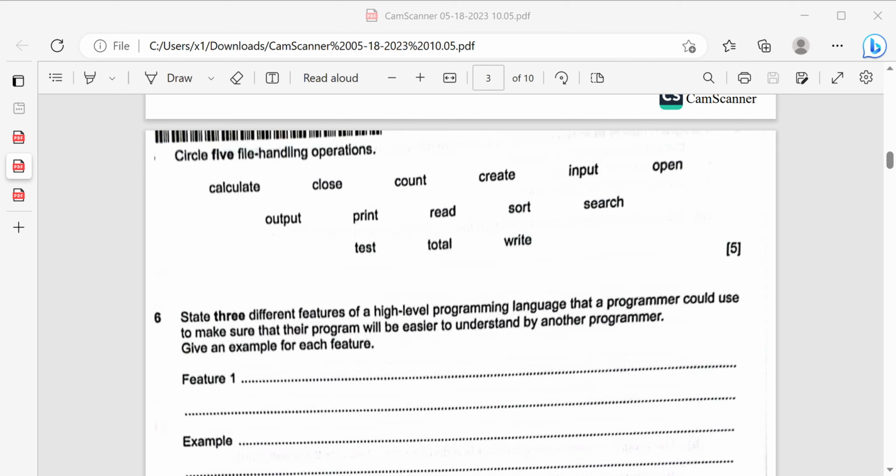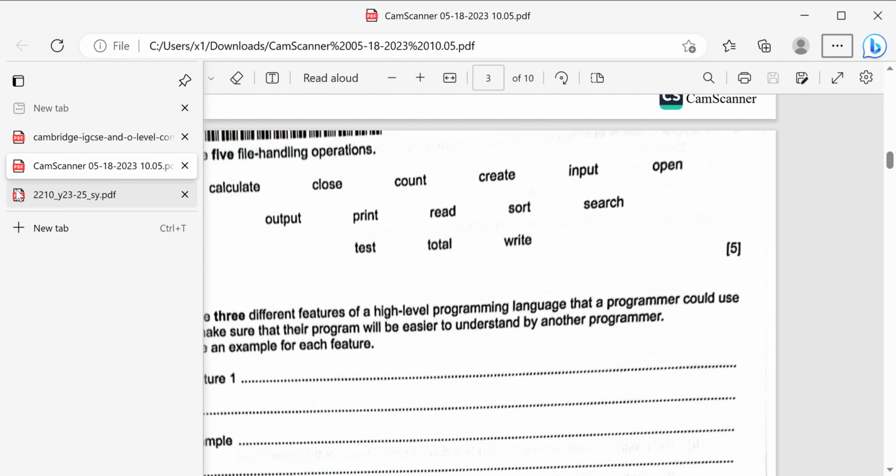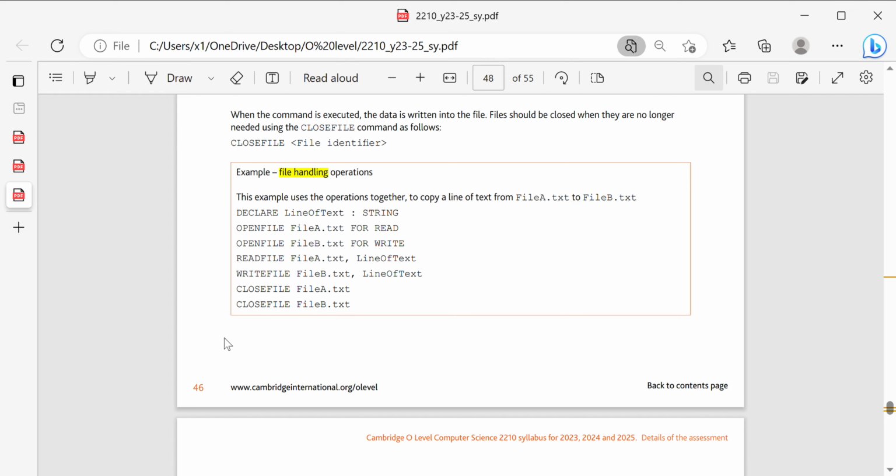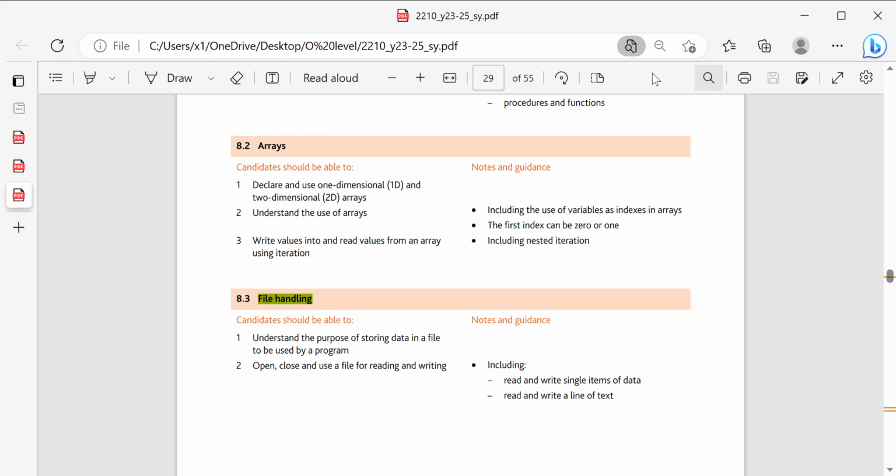Circle 5 file handling operations. But the strange thing is that in our syllabus only 4 file handling operations are mentioned. As you can see here, this is our syllabus, and there are only 4 operations given about file handling: understand the purpose of storing data in a file to be used by a program, open and close, read and write.